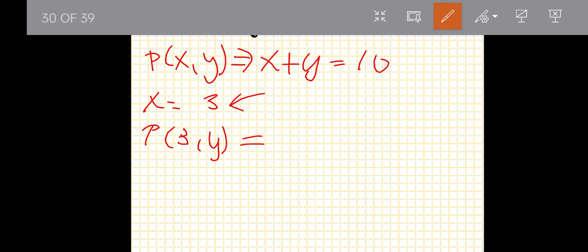So, ano daw yung y natin? Okay, so we have 3 plus y is equal to 10. Okay, hindi natin siya need i-substitute or i-simplify. Kasi, take note, for all y.